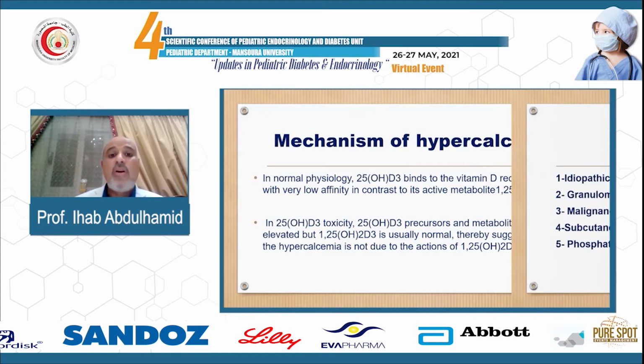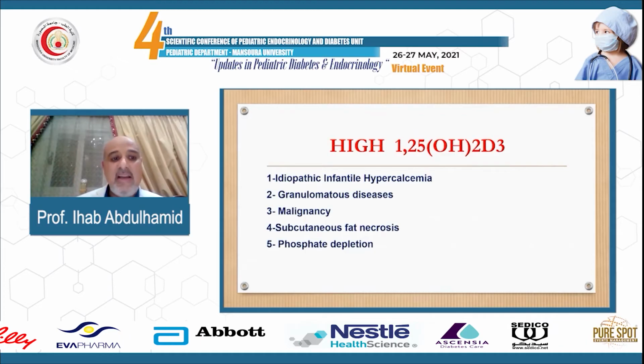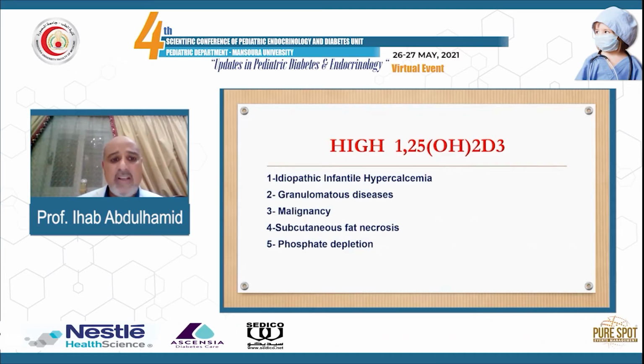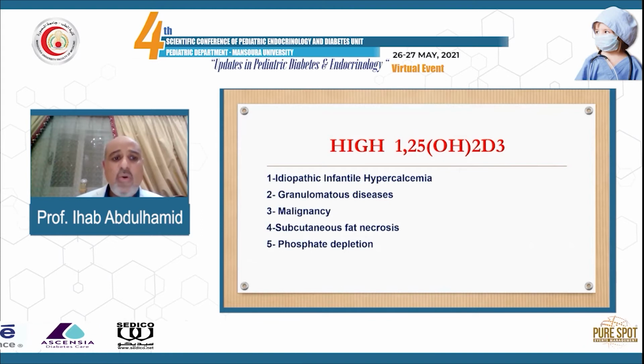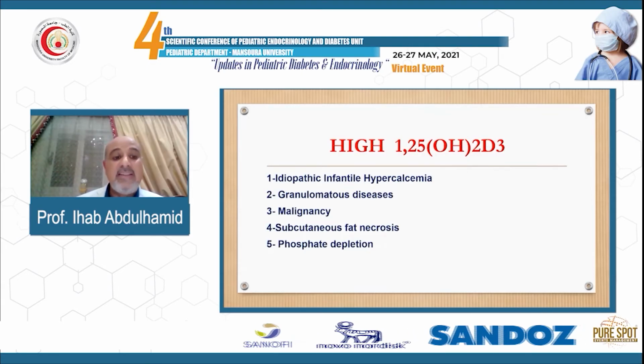When we are looking for high 1,25-dihydroxy vitamin D, it's either from idiopathic infantile hypercalcemia, or granulomatous disease like sarcoidosis, tuberculosis, histoplasmosis, and pneumocystis carinii. All these will produce 125 from the macrophage in the granuloma.